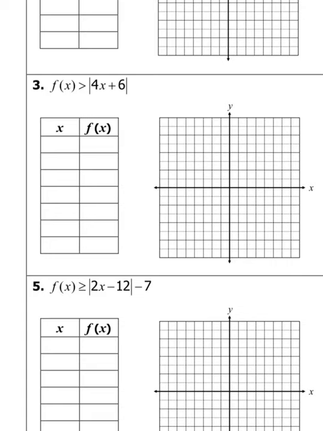All right, let's try number 3 as an example. So the first step, find our vertex: 4x plus 6 equals 0, and we're going to solve for x. So subtract 6 on both sides. 4x equals negative 6. Divide by 4 on both sides. x equals negative 6 over 4, which is negative 3 over 2.